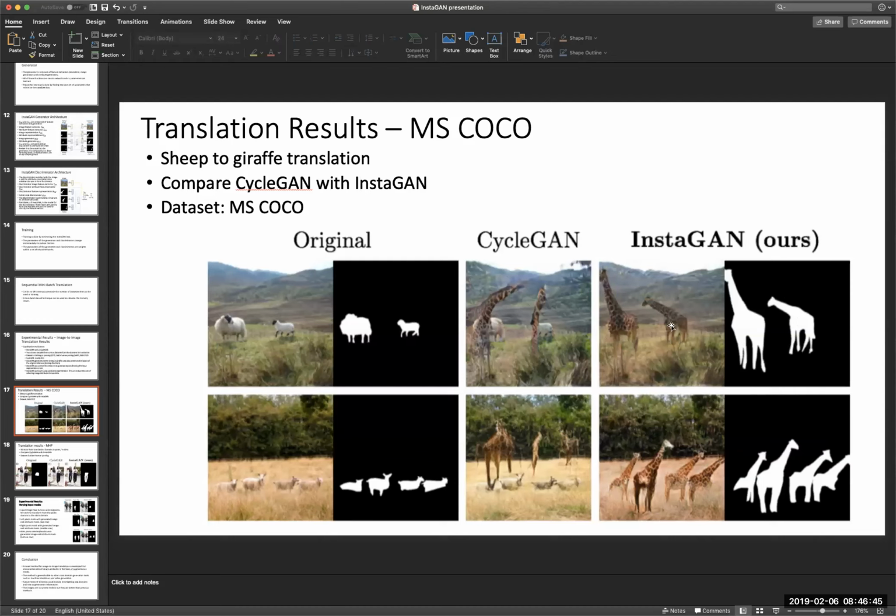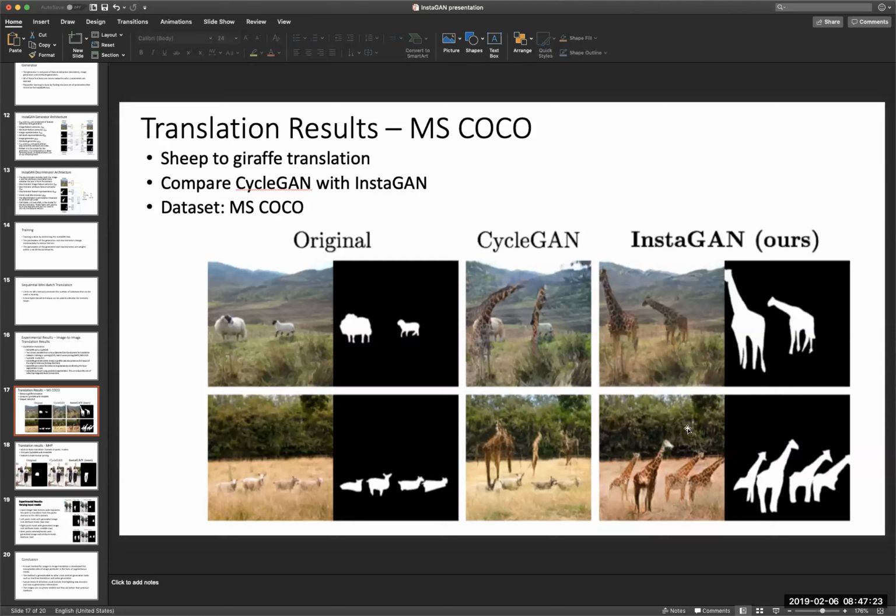And in the second example, you see there are 4 targets, and the CycleGAN is not even close to what you'd want. And the InstaGAN looks pretty good.